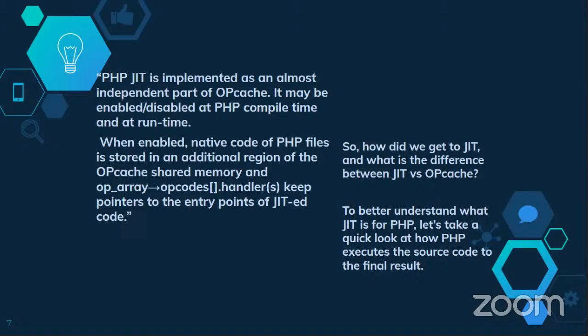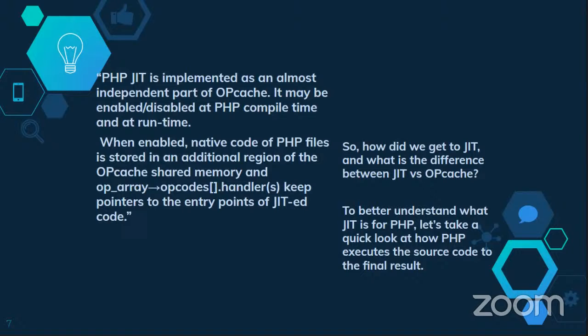So basically, OP cache improves the performance by storing precompiled scripts bytecodes in shared memory, thereby removing the need for PHP to load and parse scripts on each request. So now, when enabled, native code of PHP files is stored.